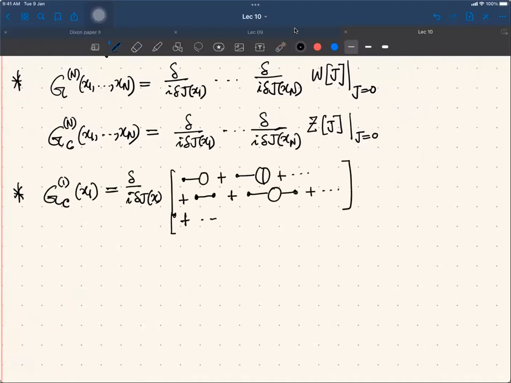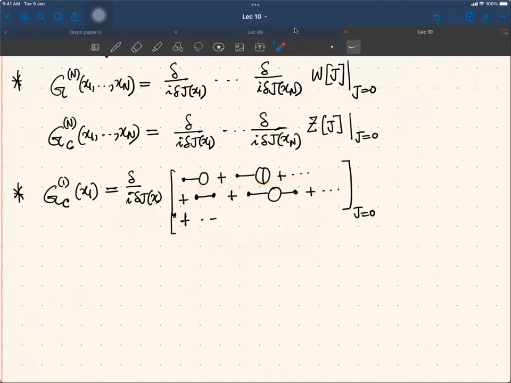But finally, after taking the derivative, you have to set j equal to 0. And of course, the quadratic and all higher powers of j terms will be 0 because there is only a single derivative. And this single derivative will give a non-zero result only when acting on this first line.